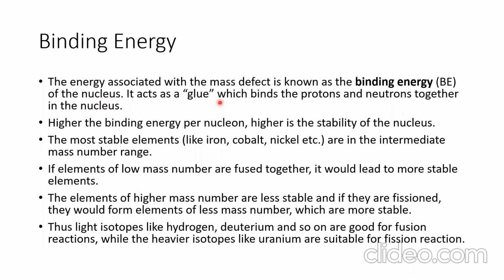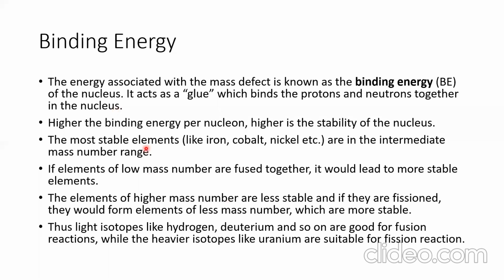It acts as a glue which binds the protons and neutrons together in the nucleus. If the binding energy is low, then we can say that the neutrons may come out of the atom nucleus. And if the binding energy is high, then it is impossible to split the atom.